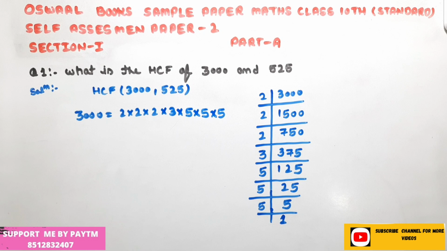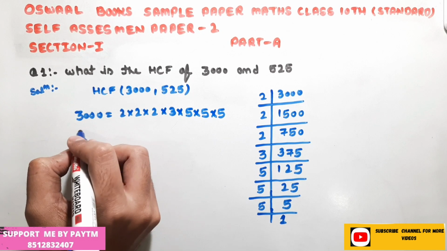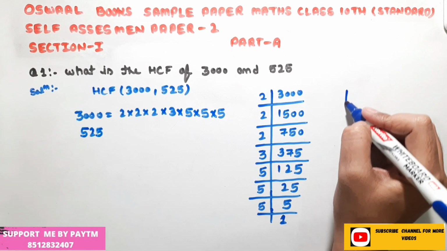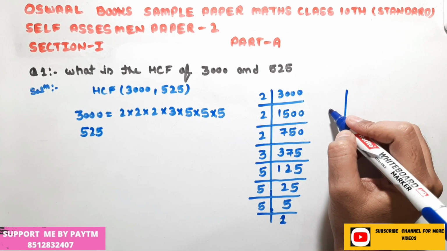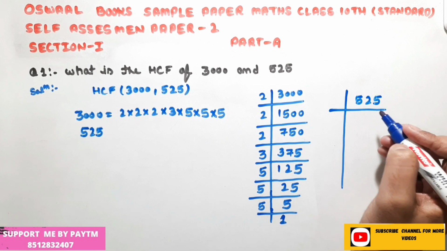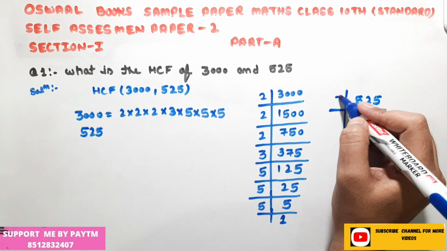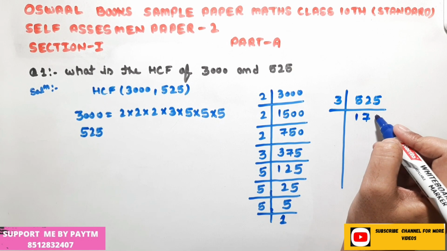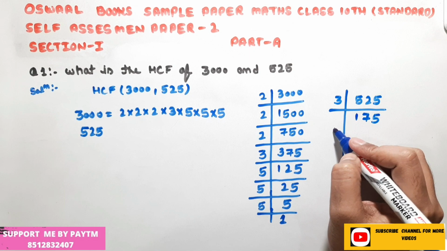Now we will find the prime factorization of 525. Firstly, it is divisible by 3. So 3 1s are 3, 3 7s are 21 and 3 5s are 15.